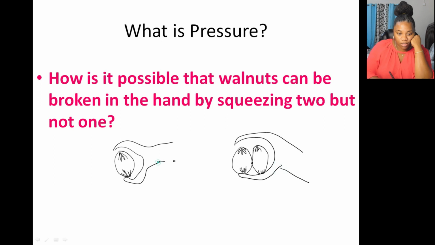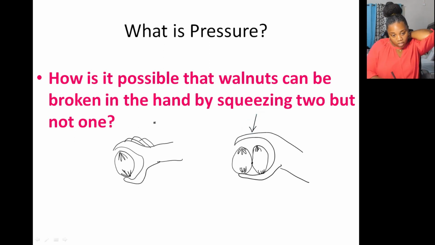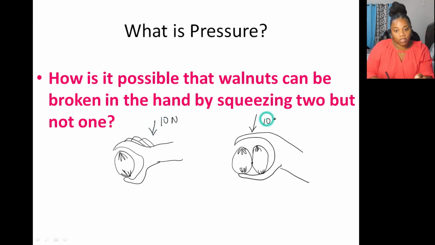And let me draw some more fingers right here. Because now the area here is smaller between the 2 walnuts, but the force is the same. Let's draw the force. So let's say a force of 10 newtons is applied to each section. However, the area that we're pressing on is much larger than the area between the 2. And so when you crunch them together, the pressure is now greater.